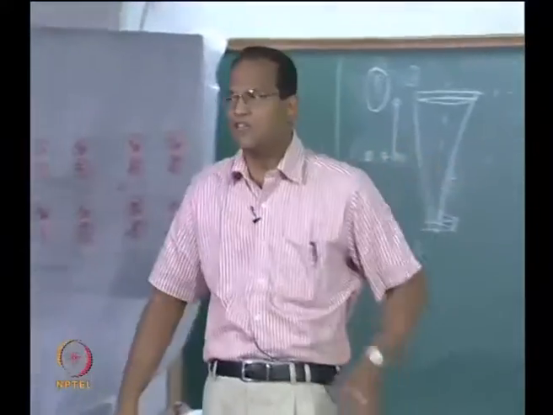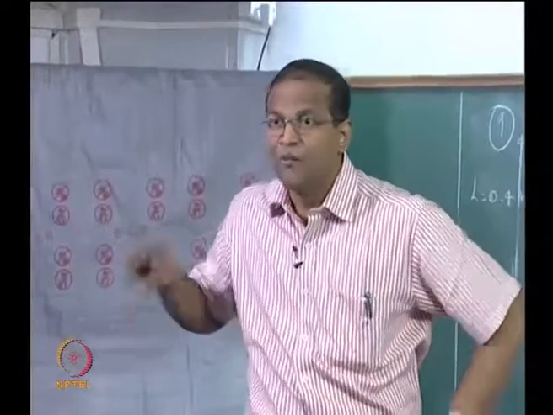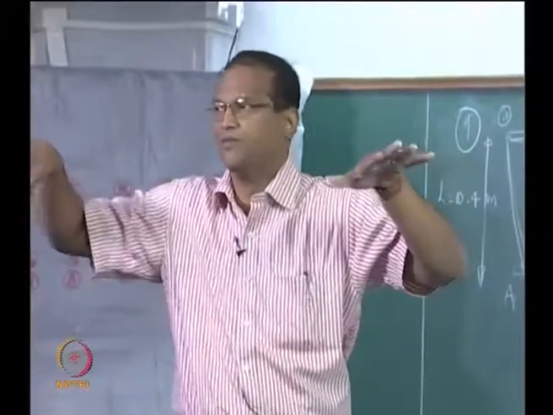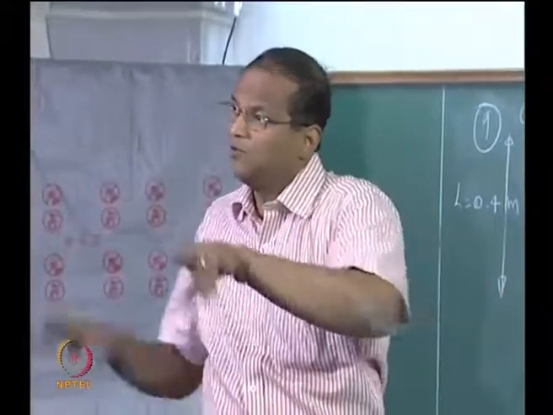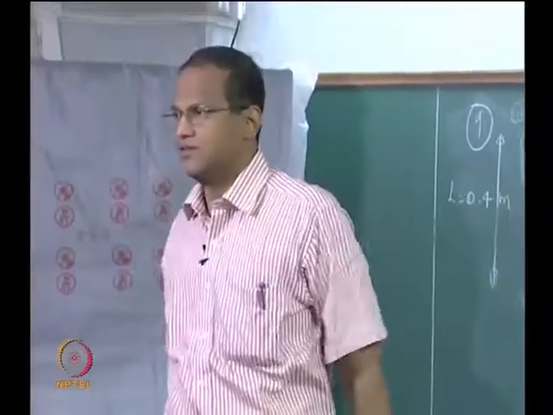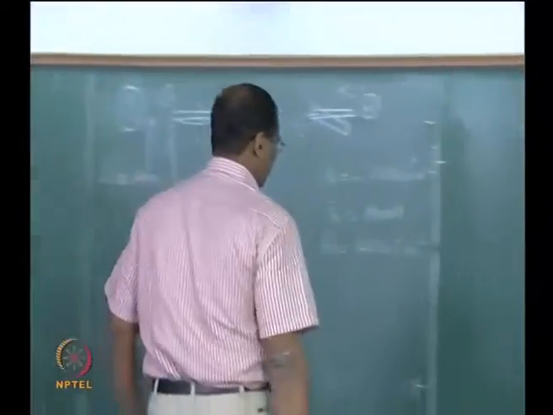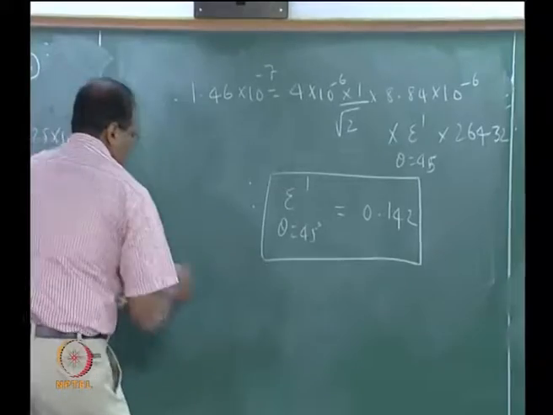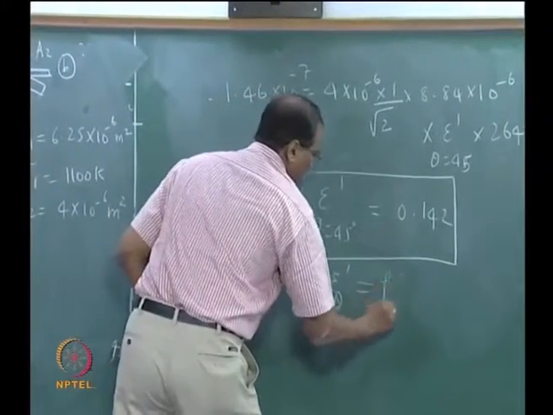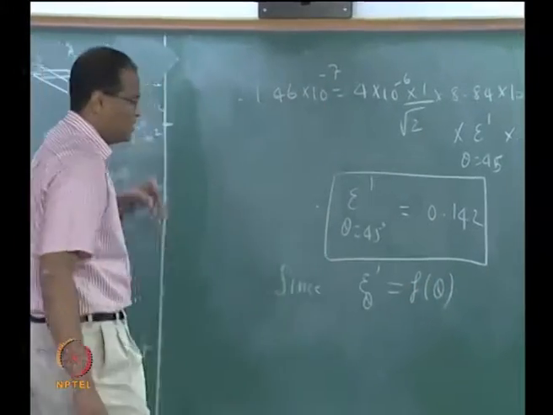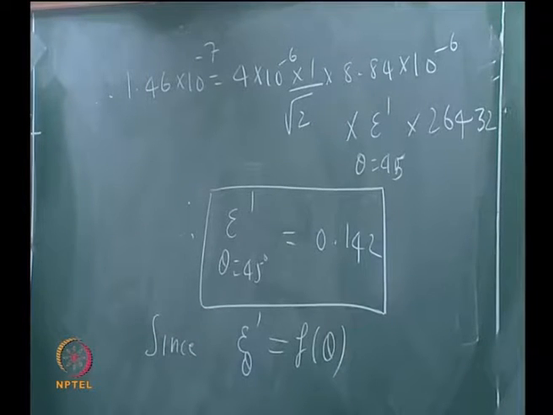Suppose we had got an answer of 0.36, we could have conjectured that there is a possibility that it is a diffuse surface, but now I know for sure that it is not a diffuse surface. With one angle we cannot decide, but now two angles are giving different answers, therefore it is surely not a diffuse surface. Epsilon dash is a function of theta, and at this point I am not able to get the function f.